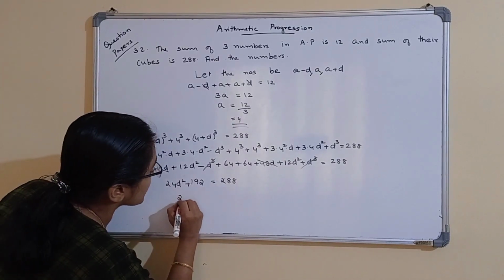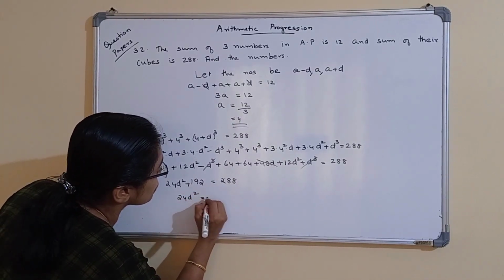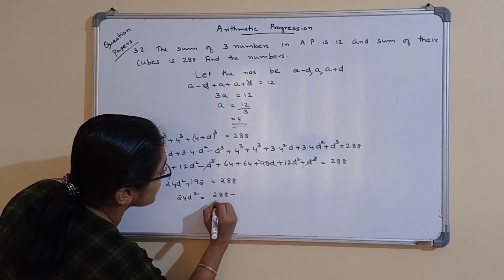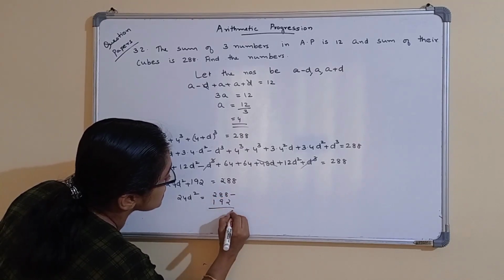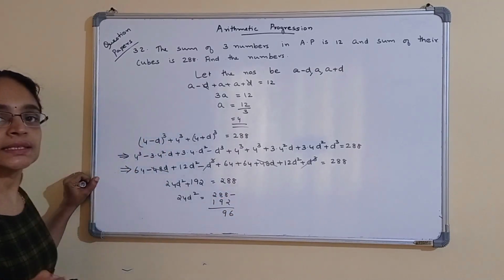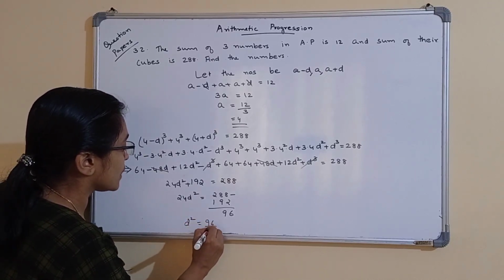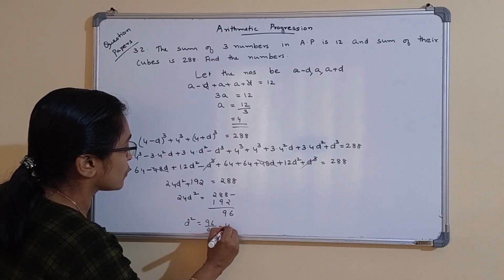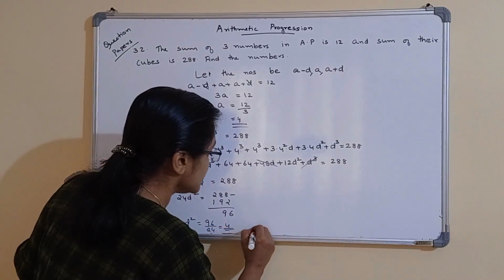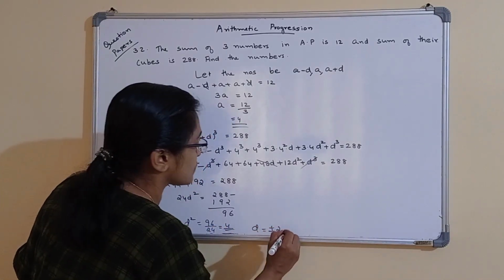Which means 24d square equal to 288 minus 192, which is equal to 96. So, d square equal to 96 by 24, which is equal to 4. So, we got d as plus or minus 2.